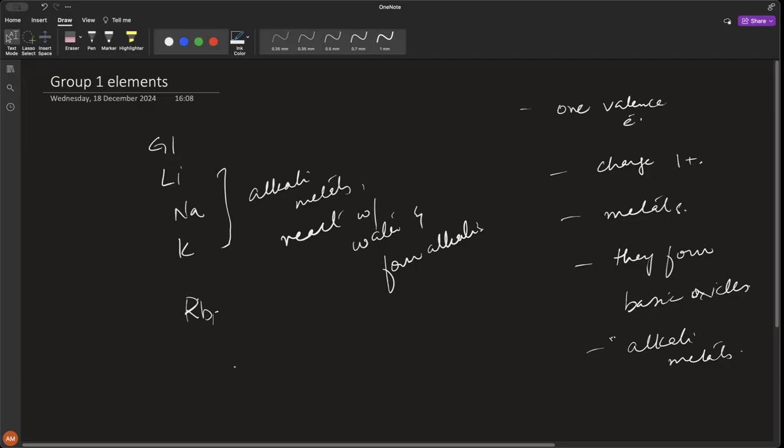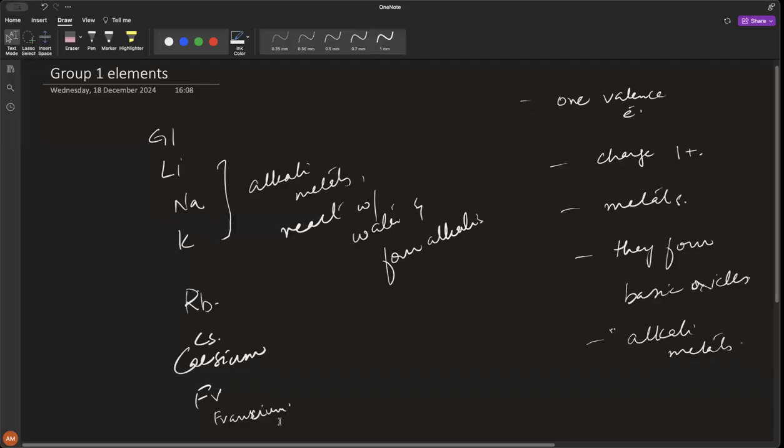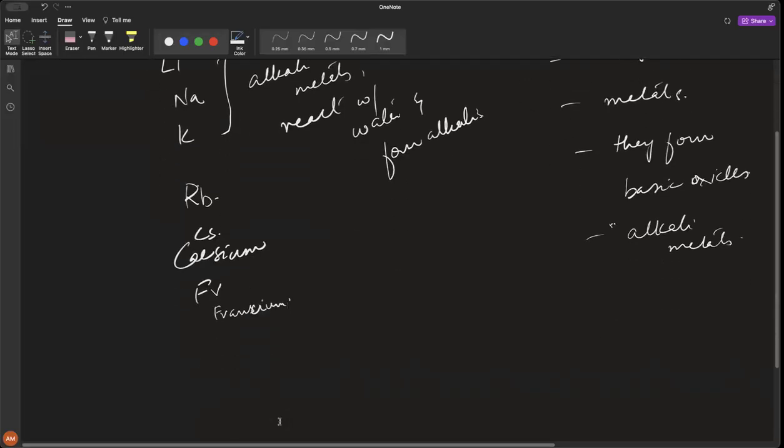Rubidium, we have caesium, which is Cs. Then we have francium, Fr. All right. So these are the alkali metals.